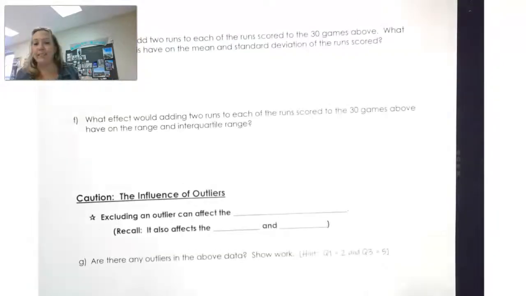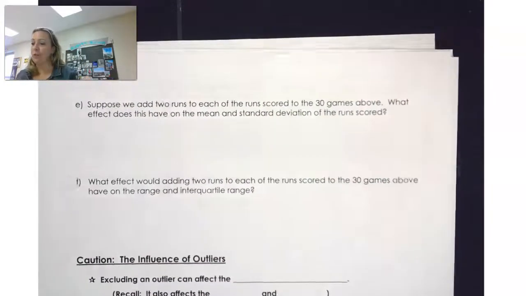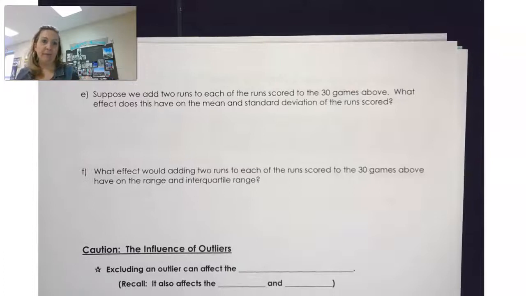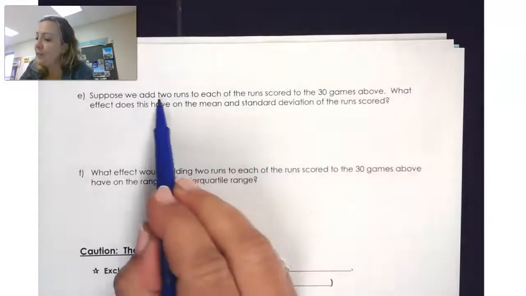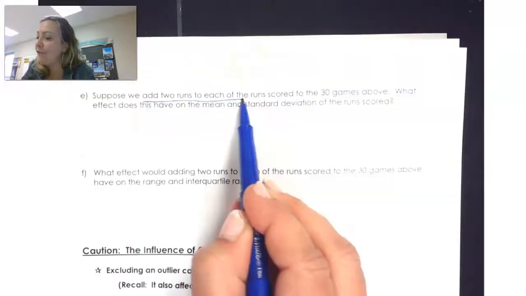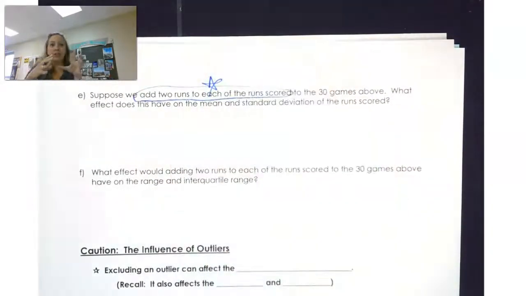So let's suppose that we added 2 runs to each of the runs scored to the 30 games above. What effect does that have on the mean and the standard deviation of the runs scored? Well, in something like this, we're adding 2 runs to every single one of the runs scored. We're not adding one additional value.